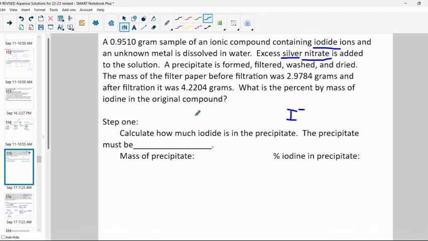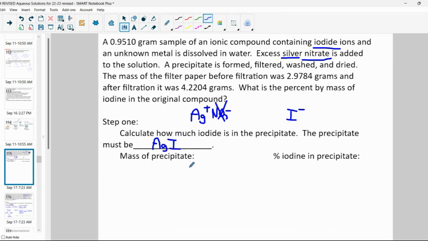Now, the bell should be going off because silver nitrate is AgNO3. That's the Ag plus ion and the NO3 minus ion. What do we know about nitrates? All nitrates are soluble. They'll never be part of the precipitate. So what am I left with? What's my only option? AgI, silver iodide, is my precipitate.